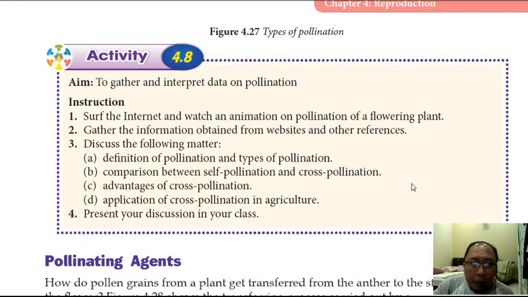Okay. Next, I want all of you to do this activity as your homework, activity 4.8. You have to read the instruction given here, find the information from the internet, and do it in your notebook. Okay.